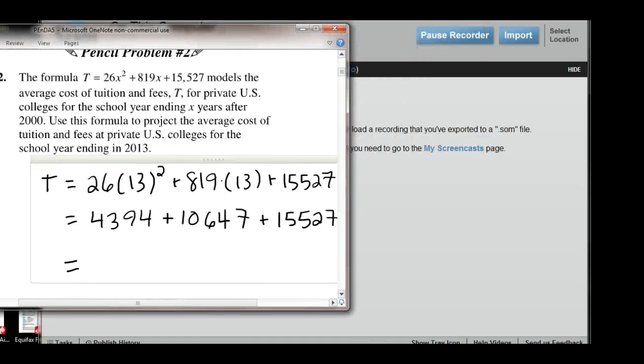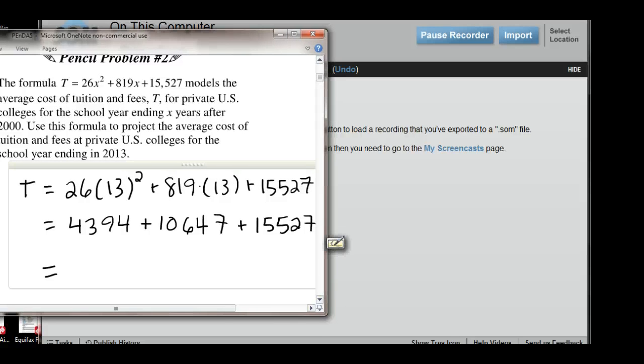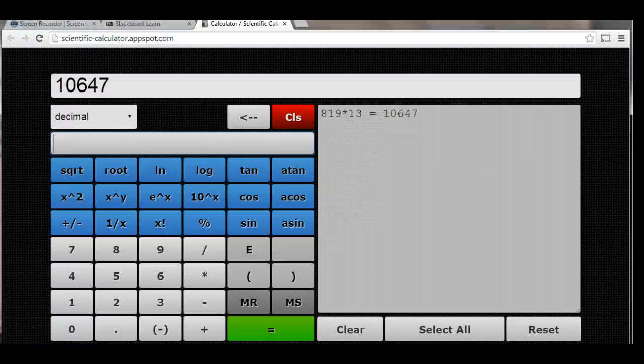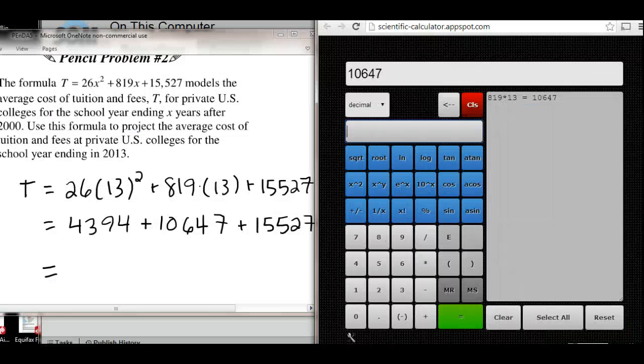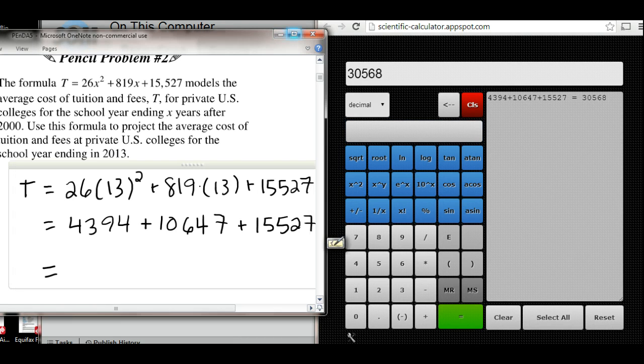Maybe we can just kind of go side by side so we don't have to remember quite so much. Okay, so we have 4,394 plus 10,647 plus 15,527, and that gives us the average tuition of 3,568.